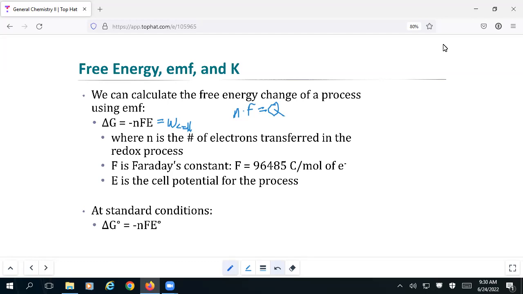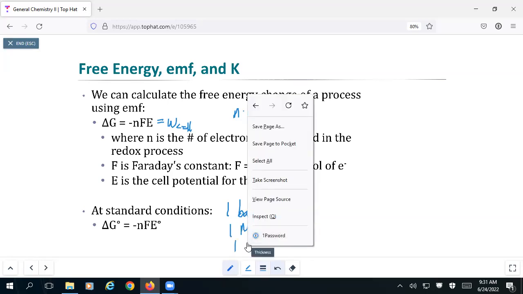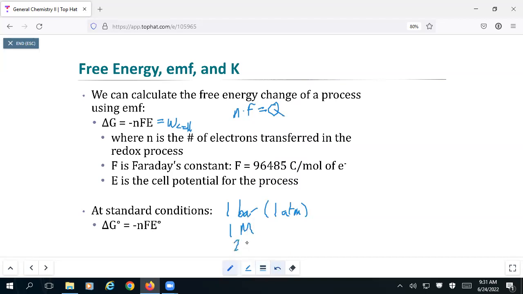Now, if we happen to be at standard conditions, and just as a reminder, standard conditions are 1 bar of pressure, which we can easily estimate, that's just slightly better than 1 atmosphere, 1 molar solutions, and 25 degrees Celsius. If we're at those conditions, the equation is exactly the same.